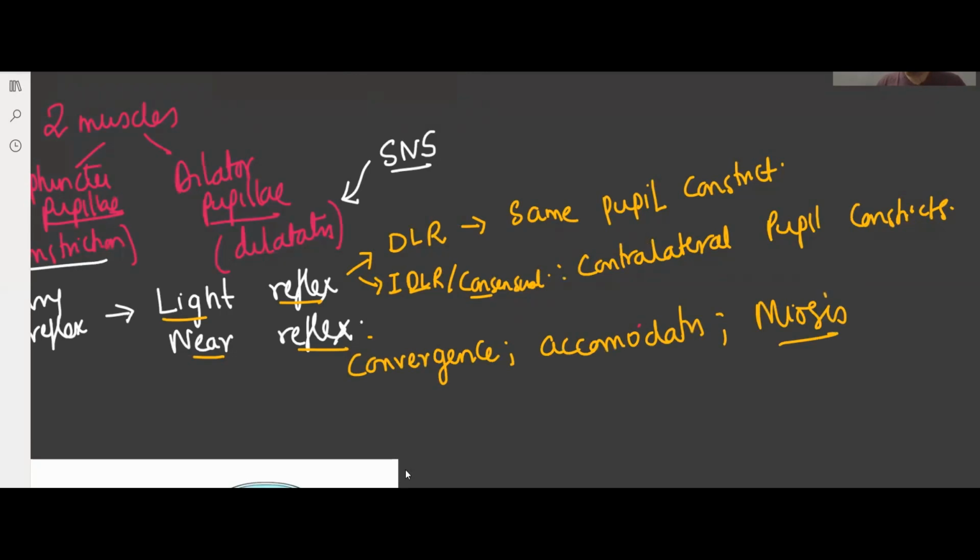You can remember these by the mnemonic CAM: convergence, accommodation, and meiosis. The major part is played by the convergence and then by the accommodation.